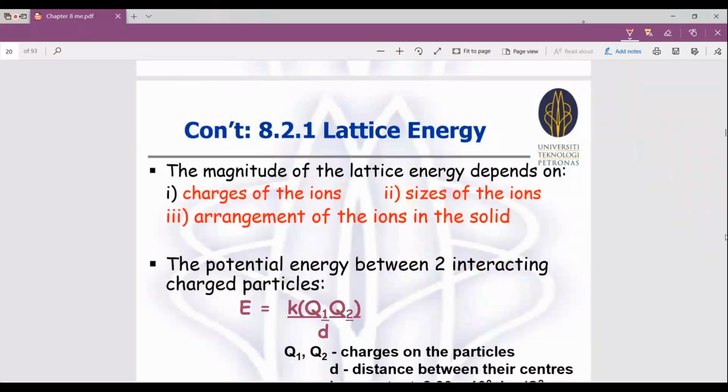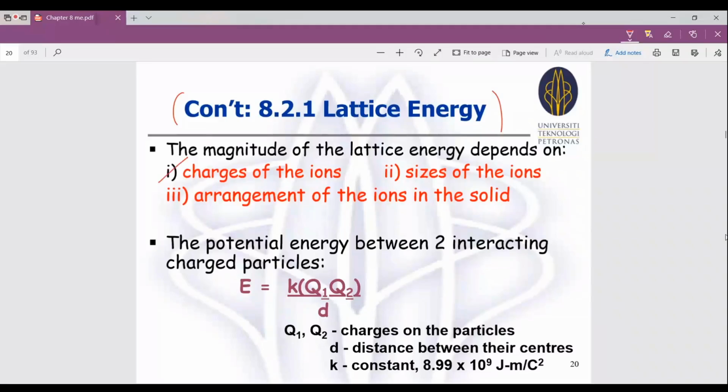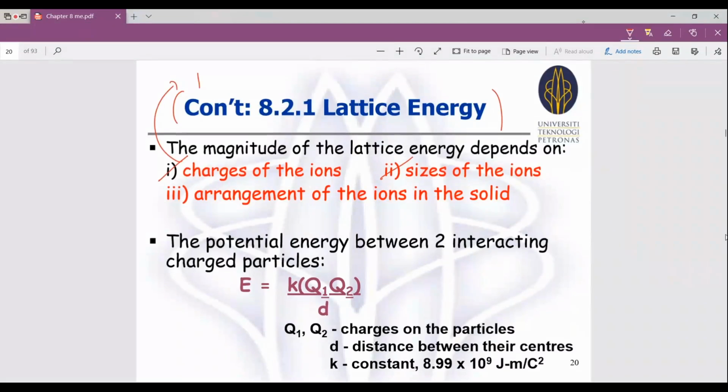Alright, before that, we look first at the fundamentals of lattice energy. The magnitude of lattice energy depends on the first one, charge, and the second one, size. Charge of the ions, like in NaCl, Na plus and Cl minus.